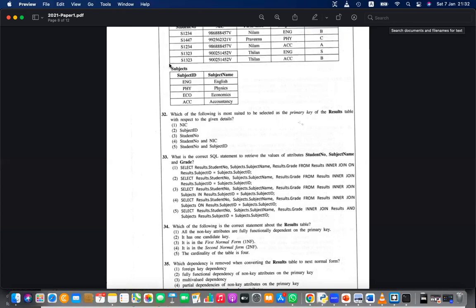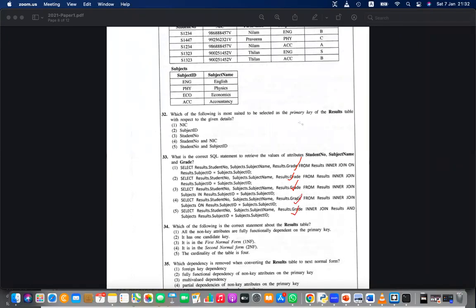Let's compare one by one. Student dot student number, that is okay. Results dot student number, subjects dot subject name, this is also okay. All five, the first part is okay.